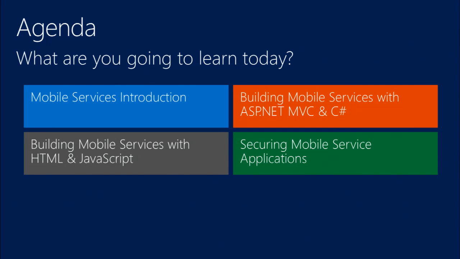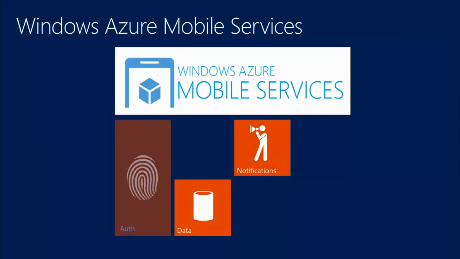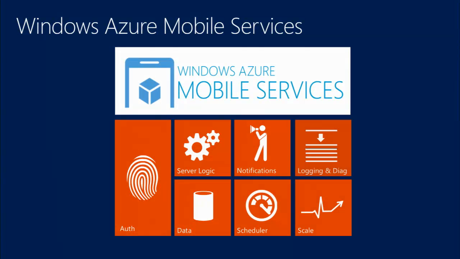Windows Azure Mobile Services is what's called a backend as a service. As you can tell by the name, the idea was that it would be used to back mobile applications, but one of the great things about it is it gives you a lot of capabilities that you can use from web applications as well. With Mobile Services, you get structured data storage powered by SQL Database, user and data authentication, server-side logic, scaling like anything else in the cloud, logging and diagnostics, and push notifications for when you make mobile apps.